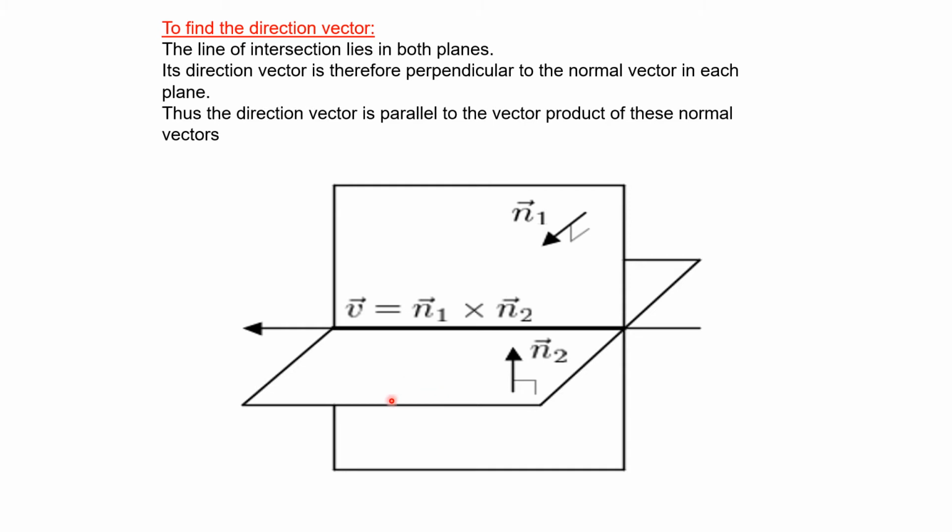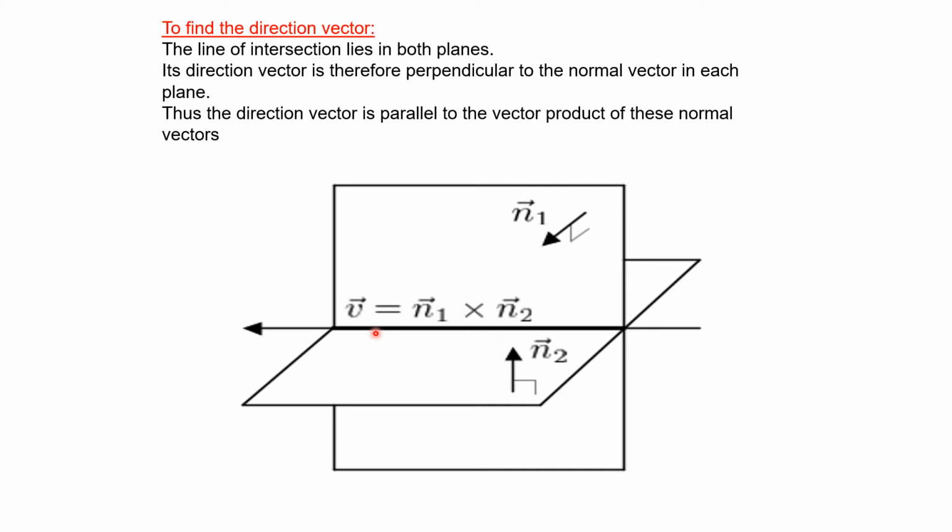Same goes with n2. n2 is the normal to the plane, so the direction vector v is perpendicular to the normal vector n2 as well. So in conclusion, the direction vector will be parallel to the product of the two normal vectors of the planes, n1 and n2. This is the theory.